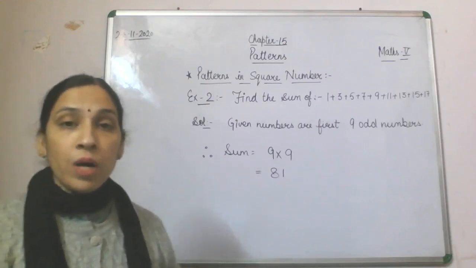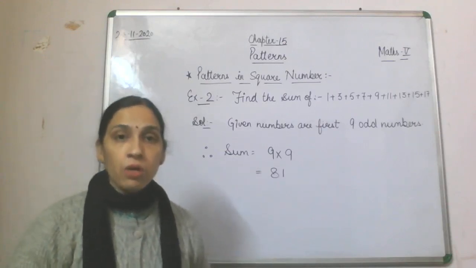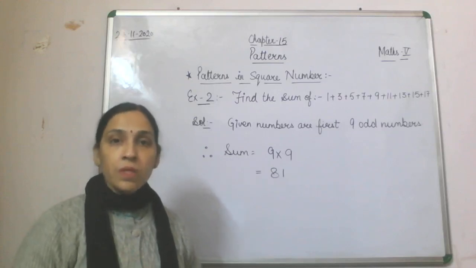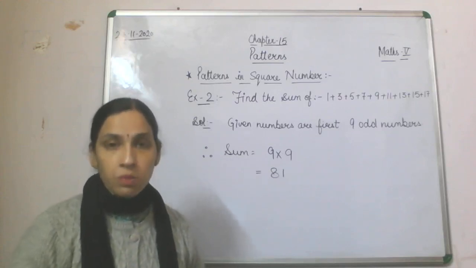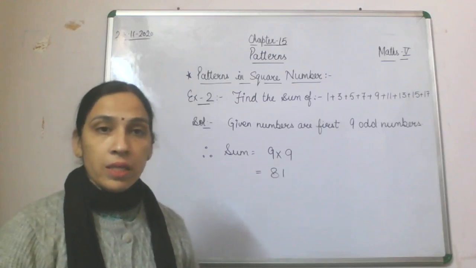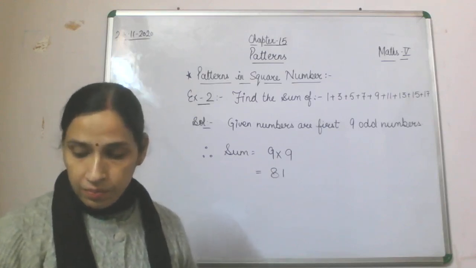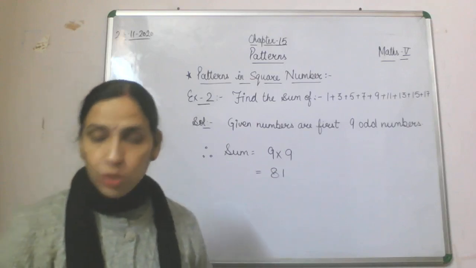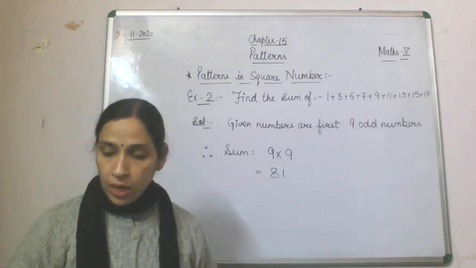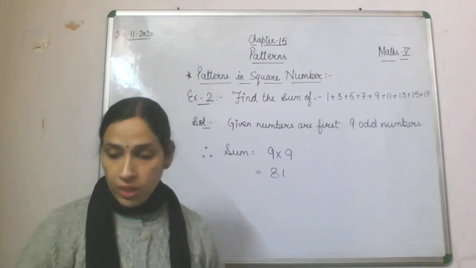See children, if you have been given such kind of a question, to find out the sum of numbers, and the series of odd numbers is given, then in that you are going to use that formula only.